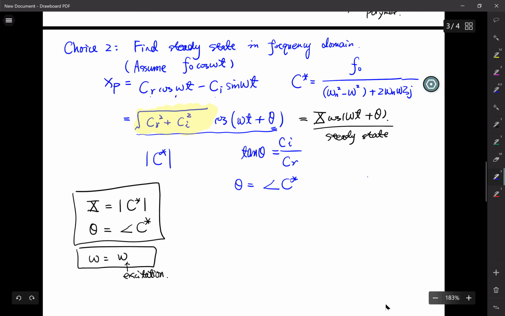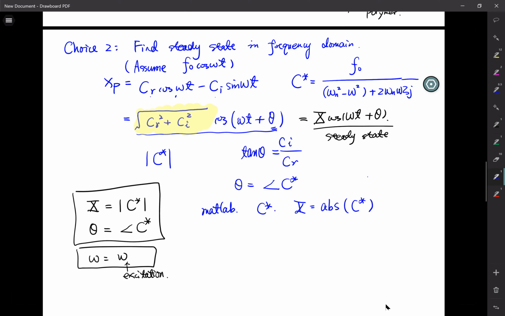So one more thing. In order to calculate the amplitude, that should be relatively easy. Mathematically, just take the square root of the real and imaginary parts squared. In MATLAB, if you have a complex number C star, in order to find your X, you just use abs of C star.